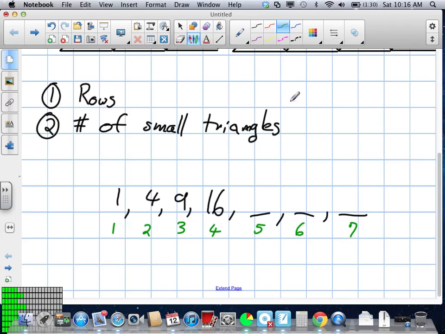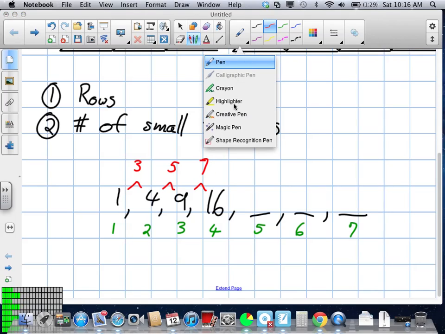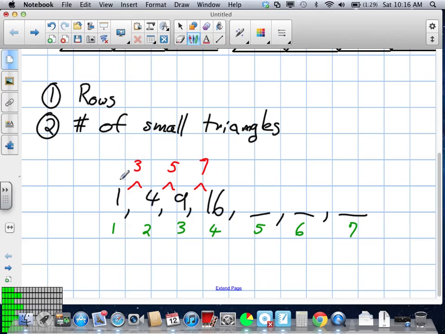Now, what are we changing by? It's like you plus 3, then you plus 5 and plus 7. So we're going up by 3, and then what? 5. And then? 7.